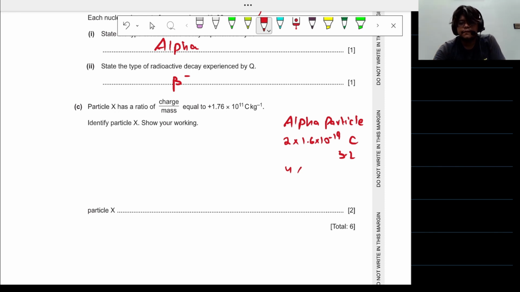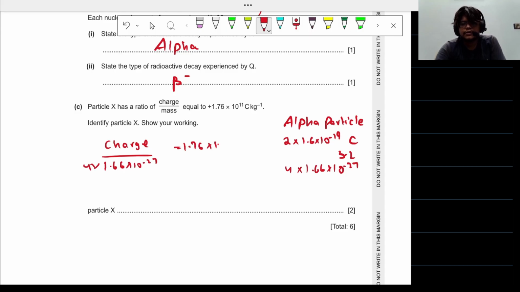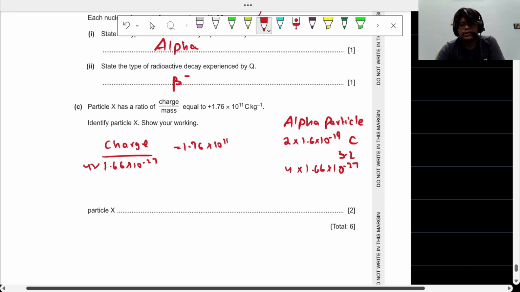So the mass would be 4 times 1.66 times 10 to the power minus 27. So let's find the charge over mass. It should equal 1.76 times 10 to the power 11. Let's see what we get.